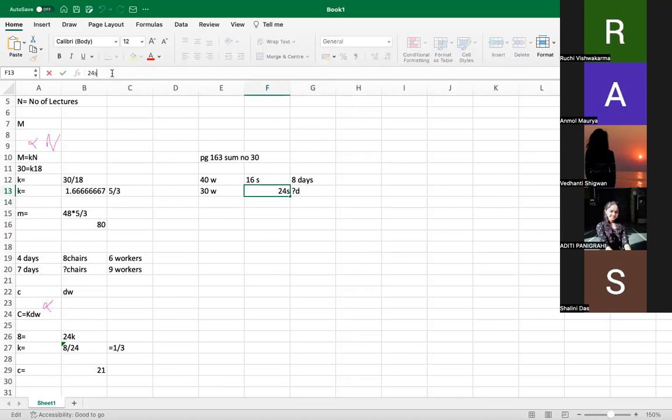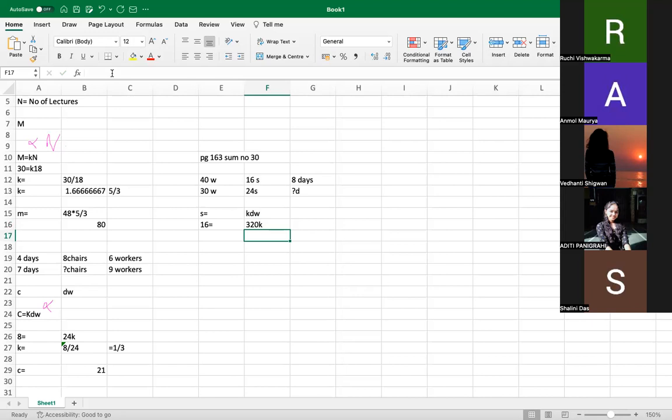Same way, let me equate. Instead of chairs, I took it as shelves. S is equal to K D W. 16 is equal to K into 8 into 40, so 320 K. Do you understand, class?